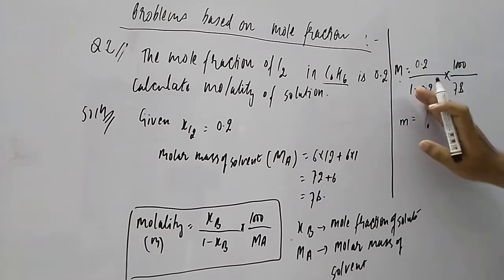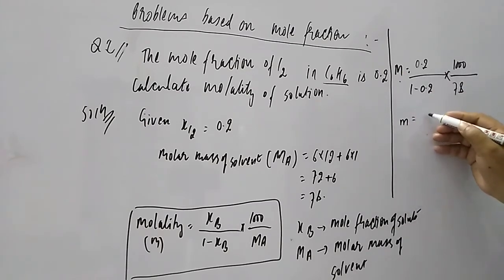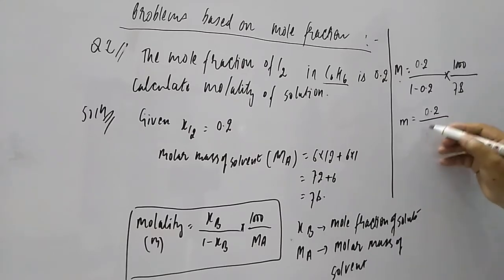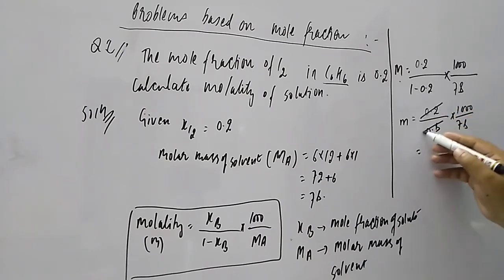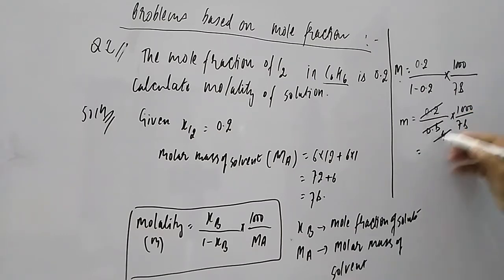Simplified a little more, it is 0.2 upon 0.8 multiplied by 1000 upon 78. If you simplify this, the decimal points cancel out, 2 by 8 gives 1 by 4, and 1000 by 4 gives 250.